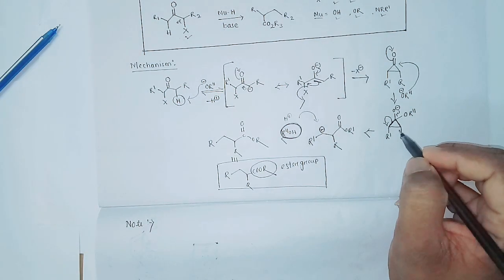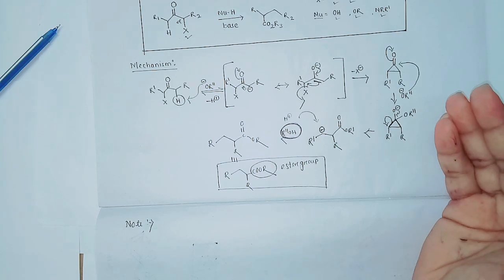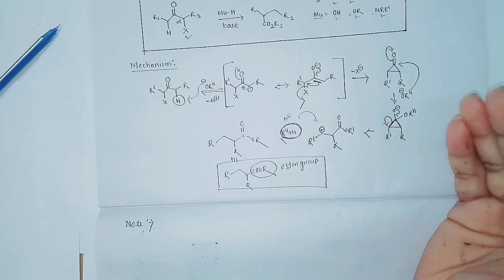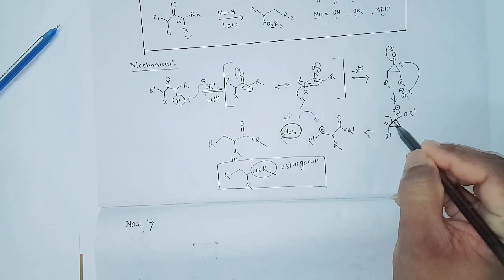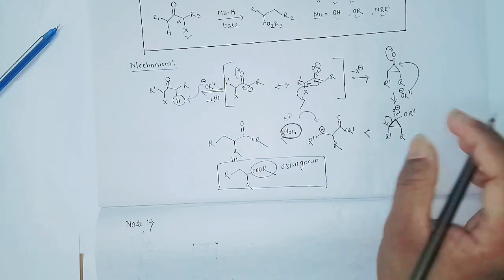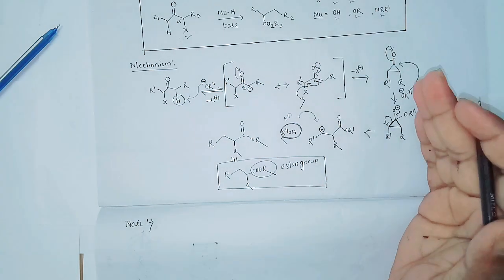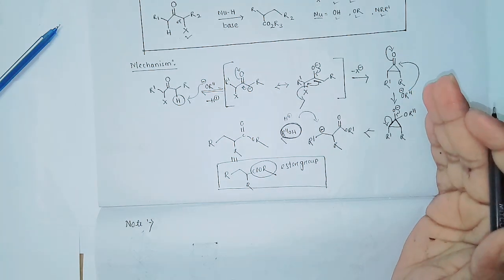So the direction of ring opening of cyclopropane depends upon the more stable carbanion. So okay friends, this is the point, that the direction of ring opening of the cyclopropane ring is toward the more stable carbanion.